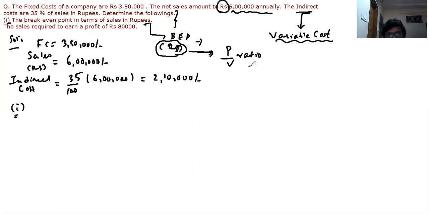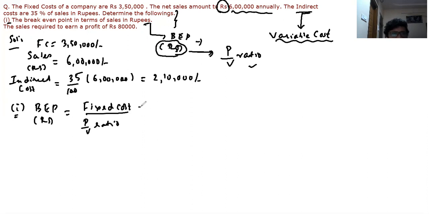We need to use the formula of P by V ratio. So break-even point in terms of rupees is given by fixed cost divided by P by V ratio, or profit volume ratio. So it is equal to 3,50,000, which is the fixed cost given, and the profit volume ratio which we need to find out.